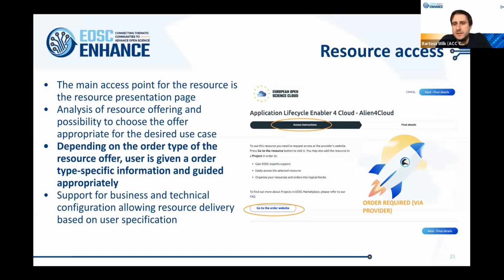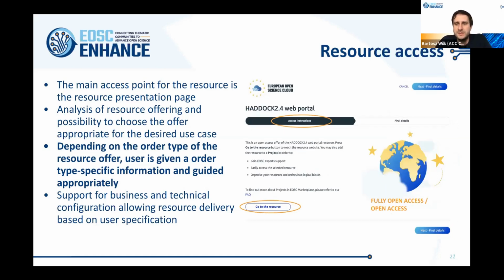In cases in which the resources are able to be ordered somewhere else, so on the provider's ordering platform, we are displayed with this beautiful rocket, and we are able to find out that we can go straight to the order website of the provider. A similar page is also displayed when we approach fully open access or open access resources.